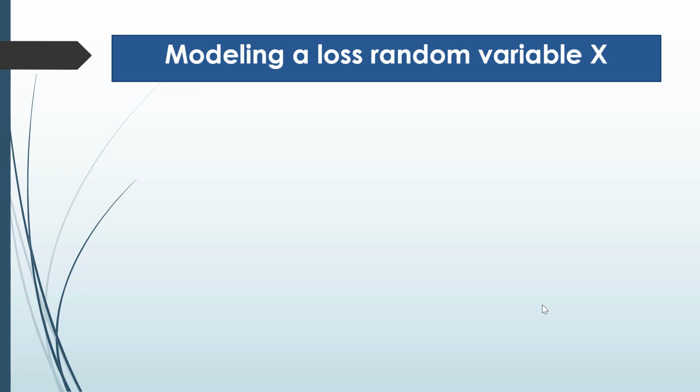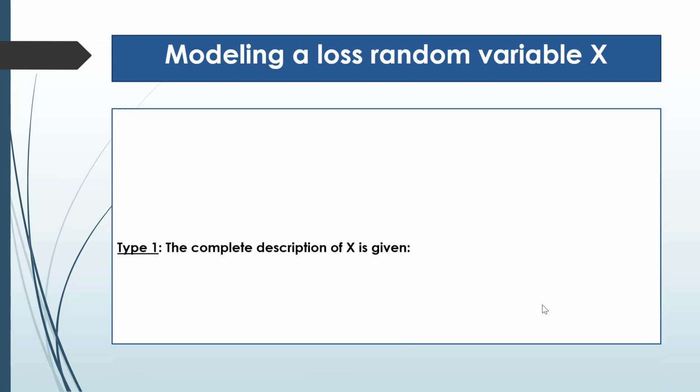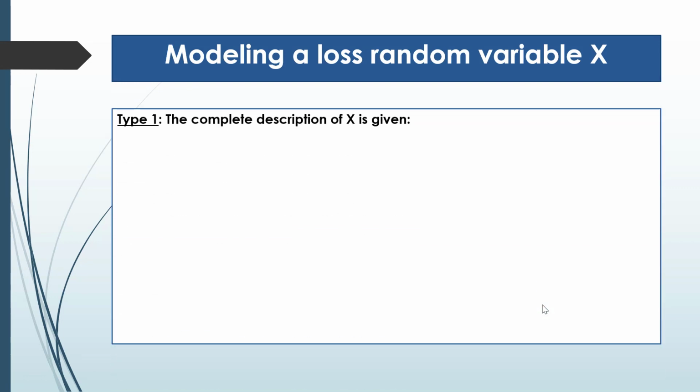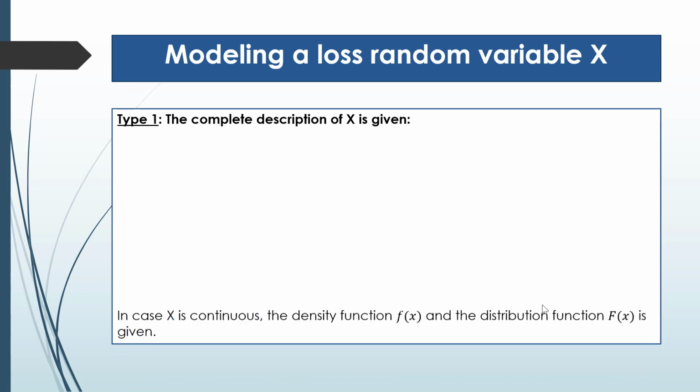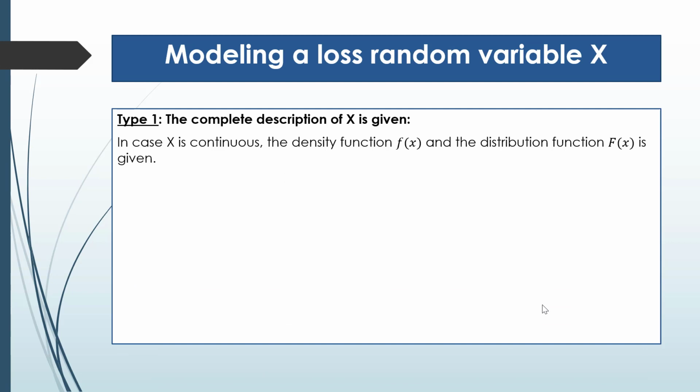Modeling a loss random variable X. Type 1: the complete description of X is given. In case X is continuous, the density function f of x and the distribution function capital F of x are given. In case X is discrete, the probability function is given.